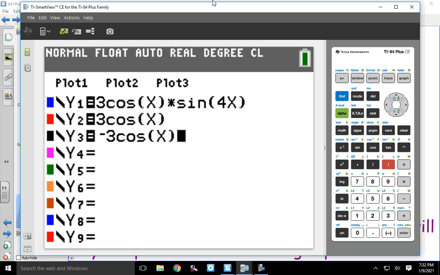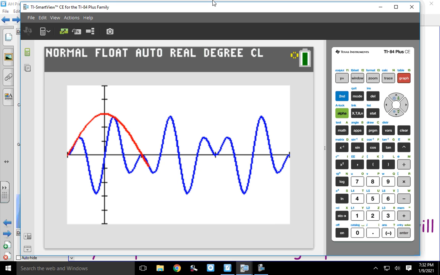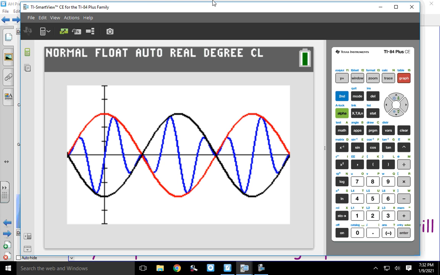That'll help us see that this kind of gets squeezed in between those two curves there. There we go. That right there is our product. It's the amplitude that's varying as we look at that sketch. In fact, let's grab a snapshot of that.